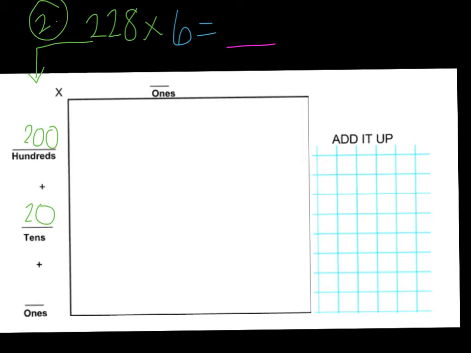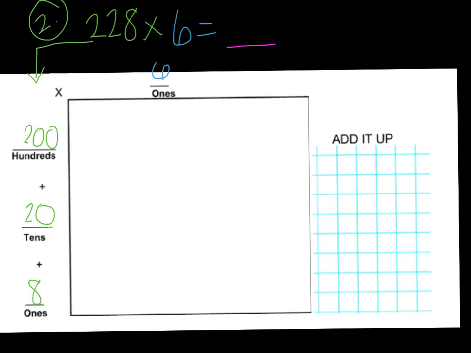And then I'm going to do the same thing with my ones place. 8 ones is 8 ones. Now I'm going to go to my second set of numbers and do the same thing. This time I have 6 ones, so I'm multiplying 228 times 6.